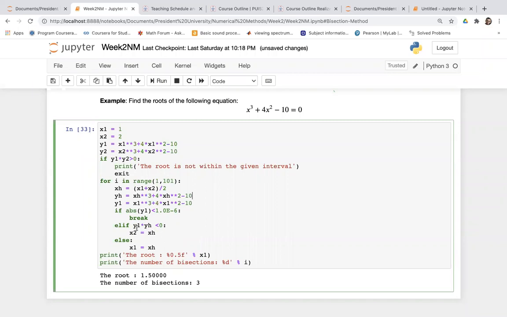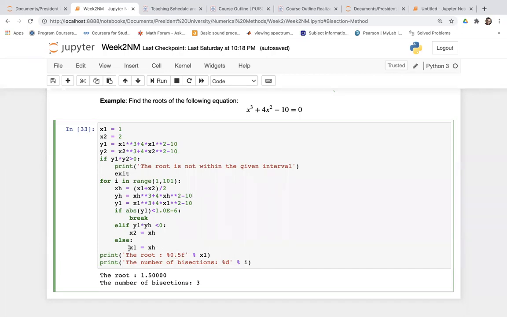Now look at this. If y1 times yh, where yh is the bisection or center point, is less than 0, or negative, use x2 equals xh, else x1 equals xh. This chooses which one is the new point, the new a1 or the new b1, and so on.